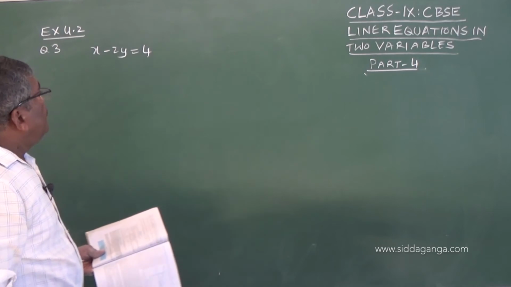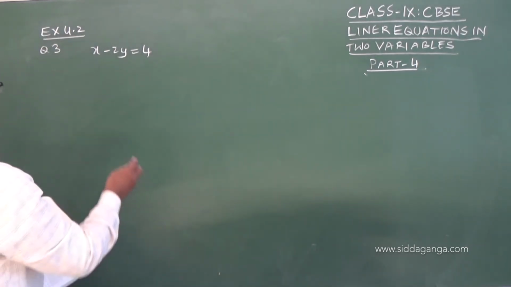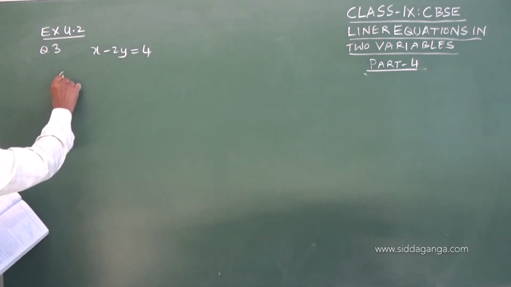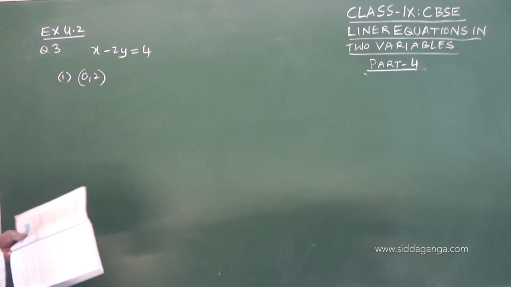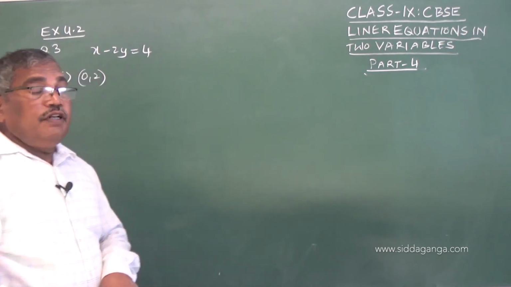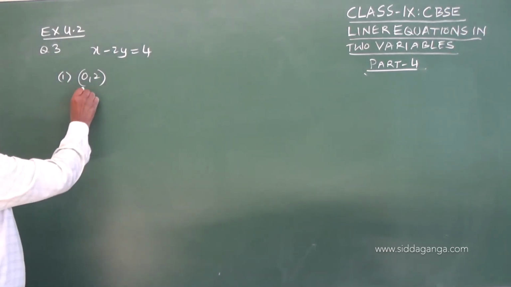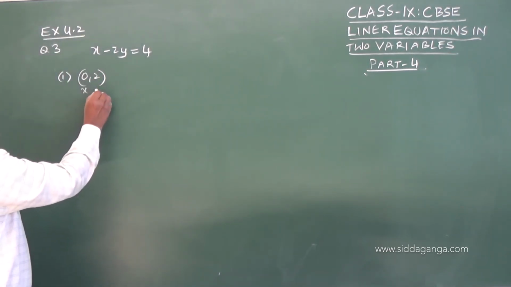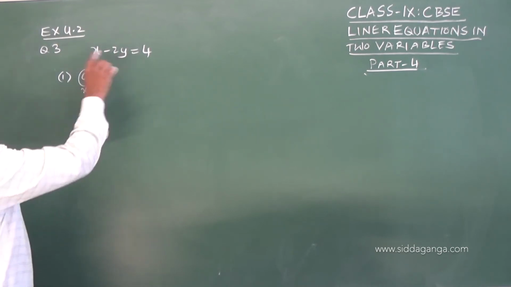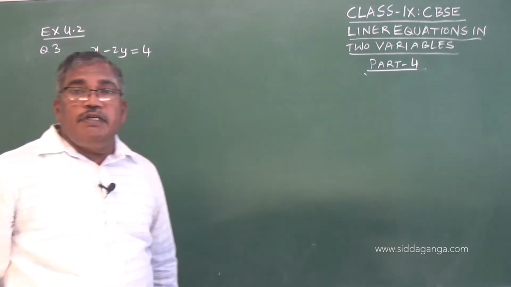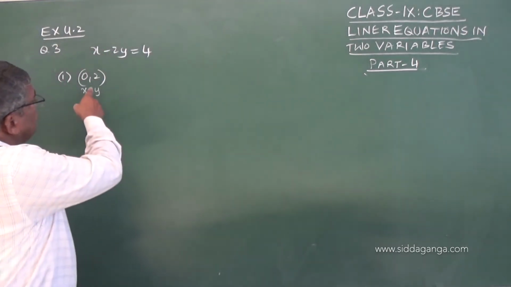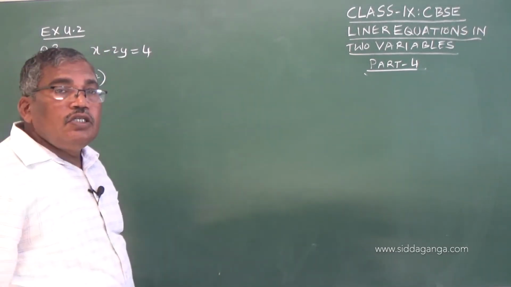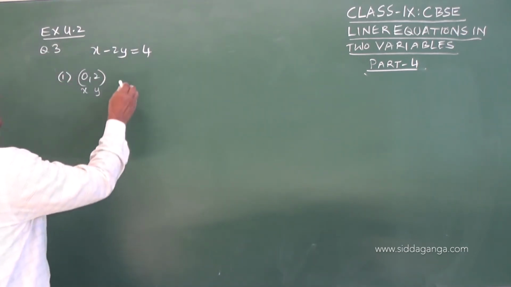First one, (0, 2). When we put x equals 0 and y equals 2 in this equation, if LHS becomes equal to RHS, then this is a solution. Otherwise, this is not a solution. That is how we have to check.